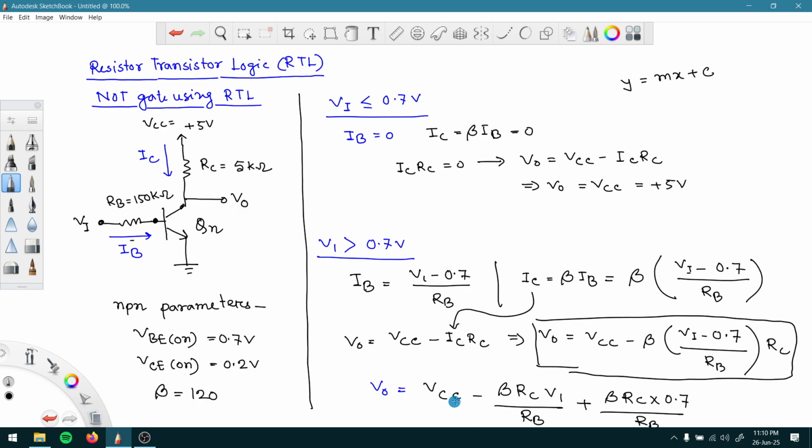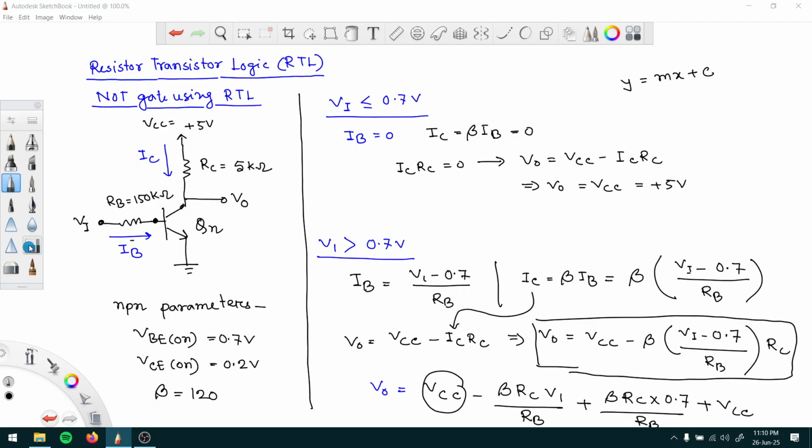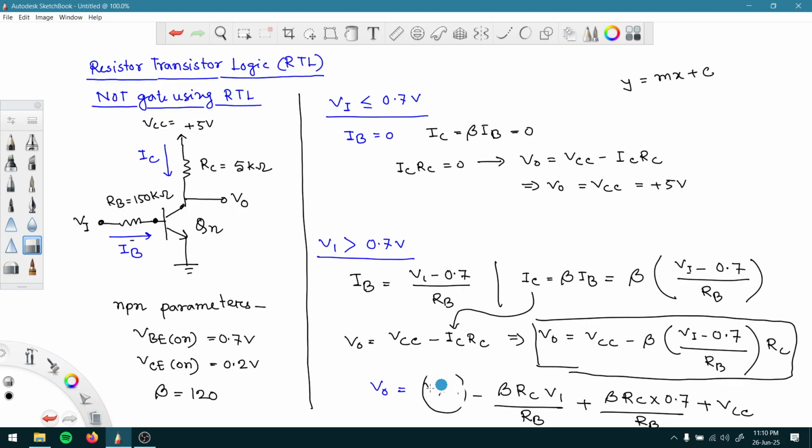Now here we can put this term, plus VCC, and remove that for our convenience, and also write Vi in blue color so that we can understand which are the independent and dependent variables here. So compare this particular equation with y equals mx plus c.